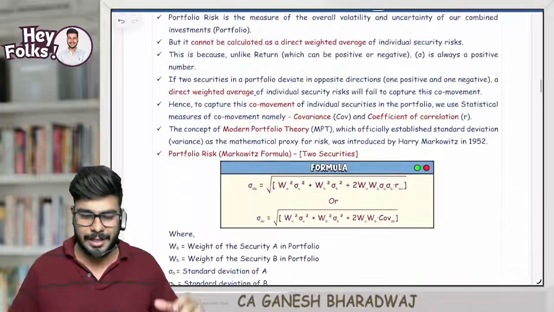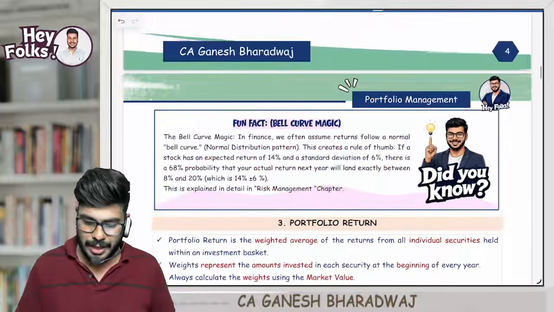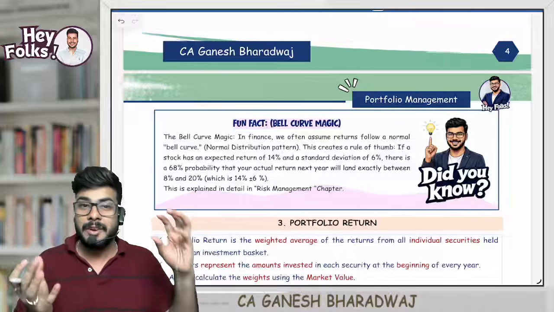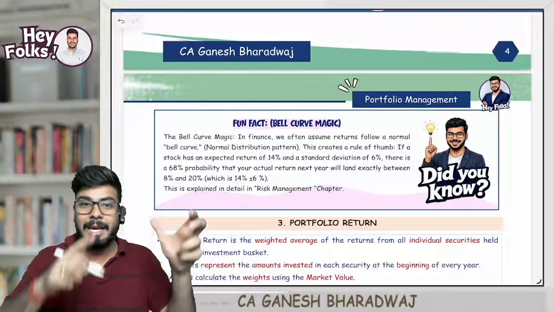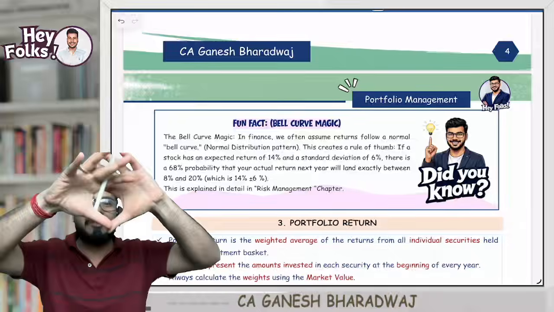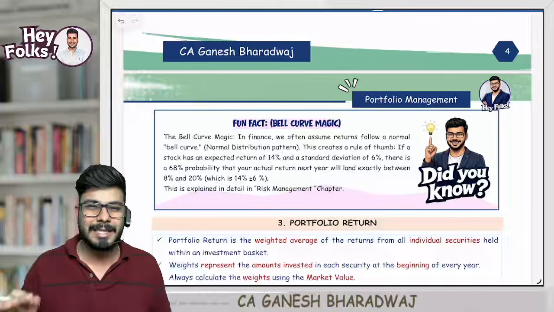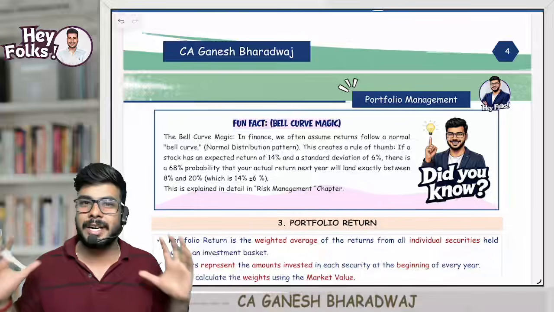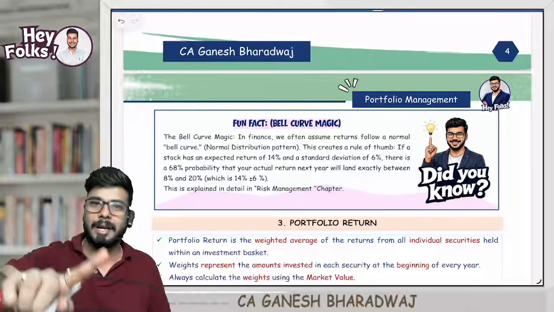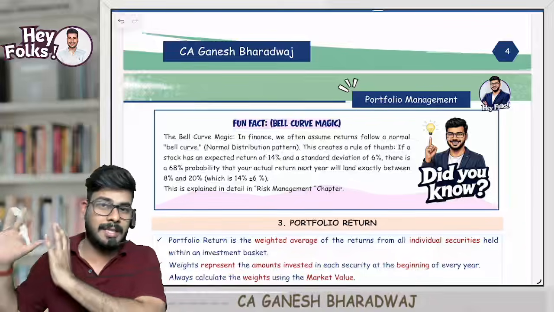And of course, as I just showed you, doubtbusters are kept separately, did you know sections are kept separately, and as a whole, along with my classroom explanation, where I give the background linking, and where I give you the logic and derivation of the formulas, with everything put together, the books plus the lectures put together, this gives you a holistic understanding of the entire subject, and we will be solving numerical problems from the solved question bank, and apart from that, we'll be solving the case scenarios booklet. Those books are separate as well.